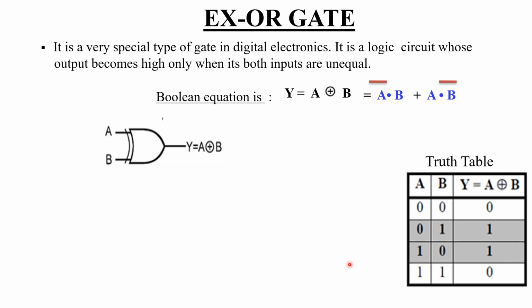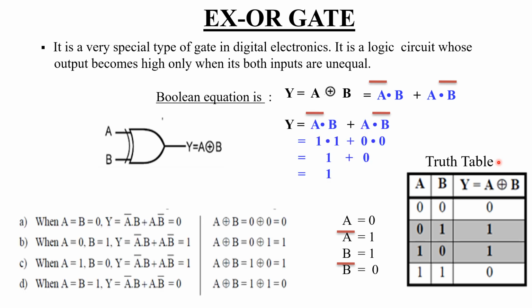Now let us see how we simplify this and get 0 1 and 1 0. So here A is equals to 0. So what will be A bar? 1. B is 1, so B bar क्या है? 0. Substitute this in the equation Y is equals to A bar B or A B bar.